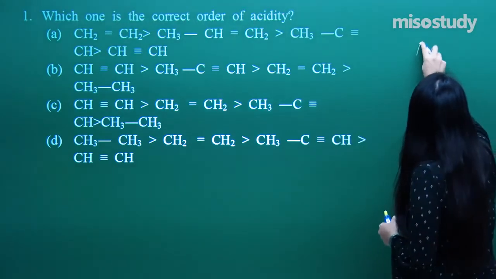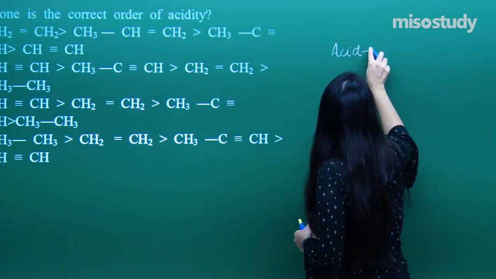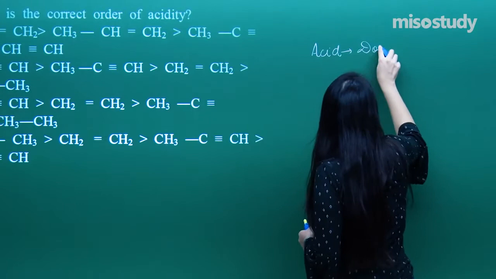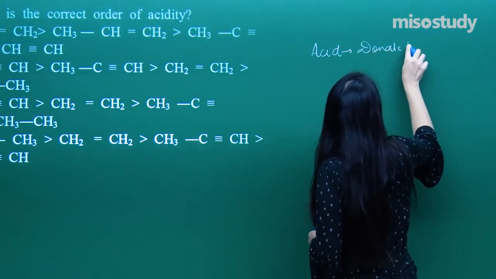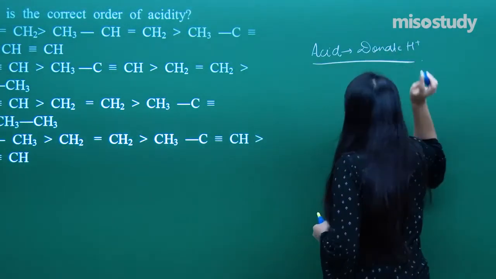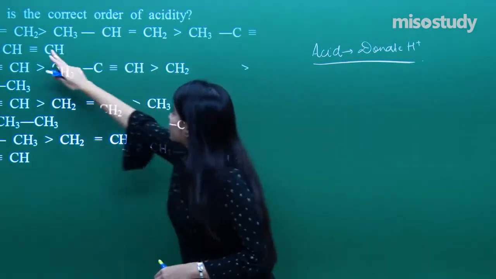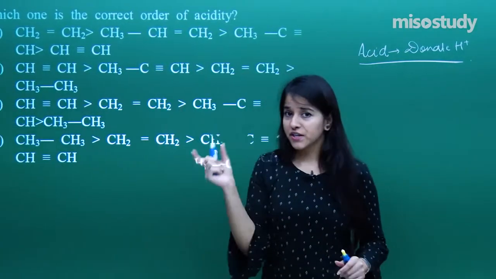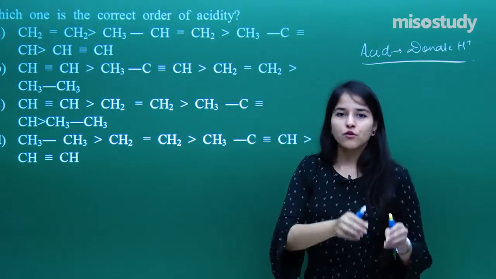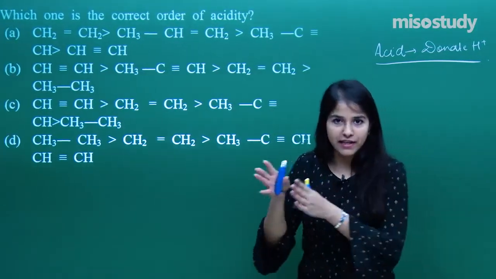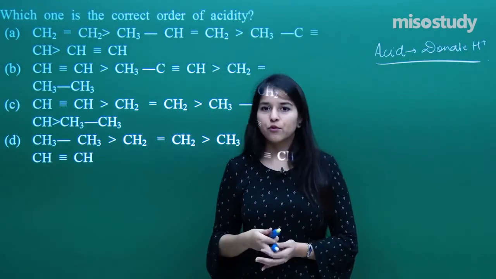So acid is the one which donates H plus. So the approach for this question will be, you need to remove one H plus from each and every molecule and then find out the stability of the anion obtained. So that is the approach over here.